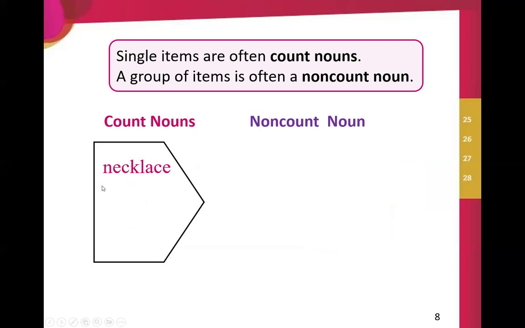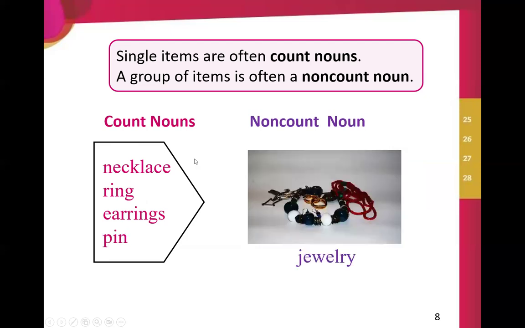Count nouns also, for example, necklace, ring, earrings, pin. We can refer to them as a group of words, for example, jewelry. So a group of items is often, not always, a non-count noun. Do you understand the difference between necklace, ring, earring, and jewelry? We cannot count jewelry. We cannot say one jewelry, two jewelries.